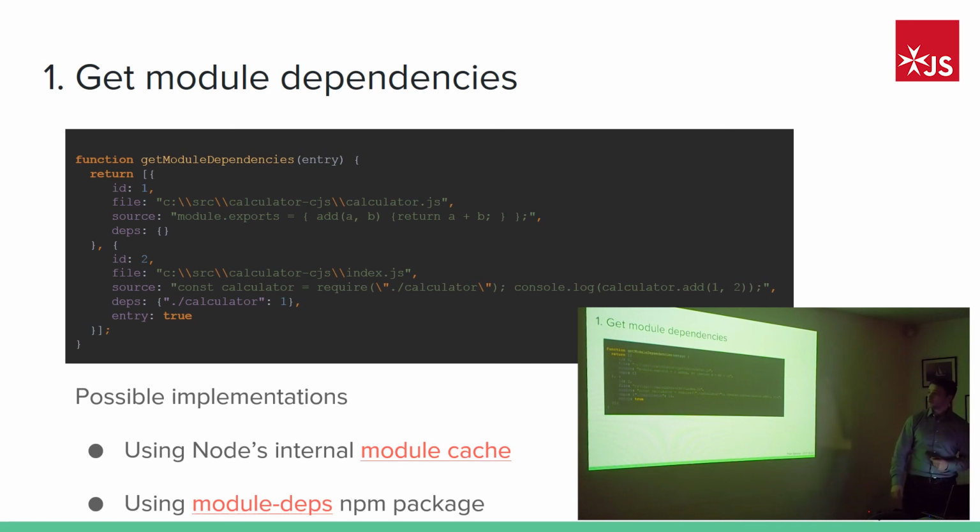For every module, we assign an ID to the module, we have its location, the source code, and the list of dependencies. So you can see that the calculator.js has no dependencies. The index.js has one dependency, the ./calculator, and the ID of that dependency is 1. And we know which one is the entry file.